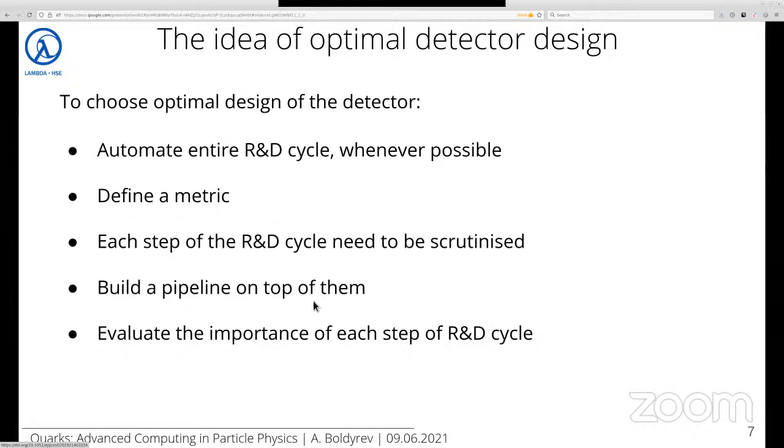Then we build a pipeline on top of these steps, and finally evaluate the importance of each step of the R&D cycle. One important note is that we are not required to achieve the best possible performance at each step. Instead, our aim is a high degree of automation of the R&D cycle. In this sense, the approach belongs to the AutoML category.